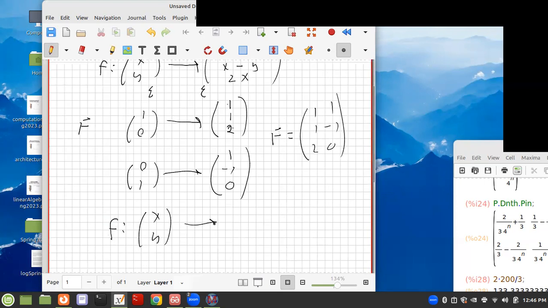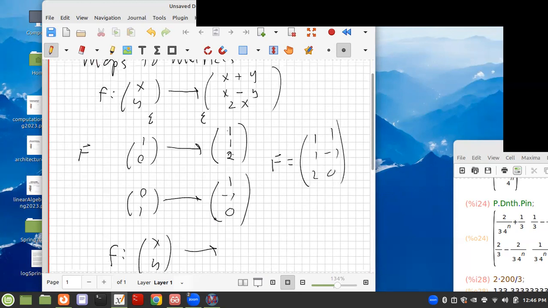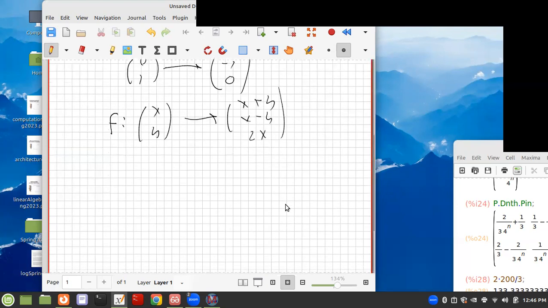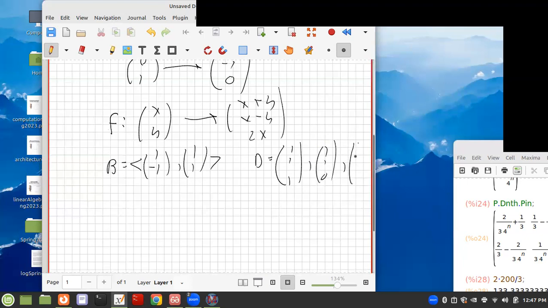X, Y to X plus Y, X minus Y, 2X, and say, let's do the worst case scenario in which we have an unusual basis here, 1, minus 1, 1, 1, and we have an unusual basis here, 1, 1, 1, 1, 1, 0, and 1, 0, 0.